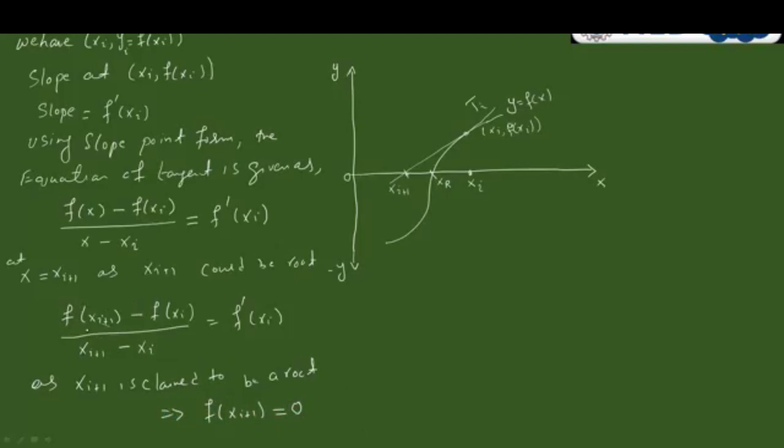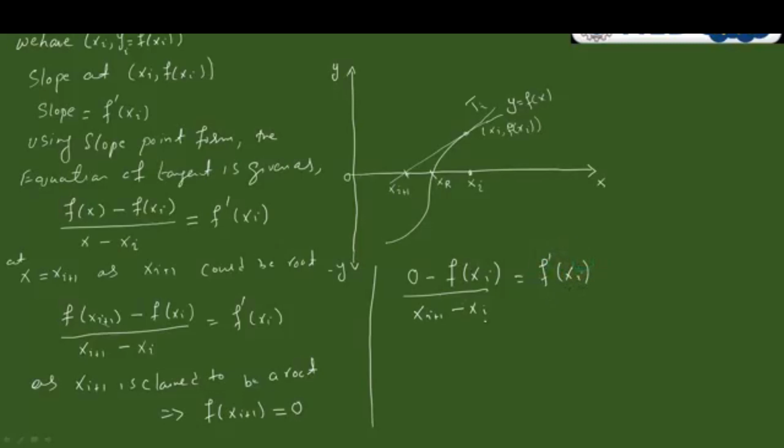It has to be 0. If we have claimed that this is the root, then this thing must be equal to 0. So when we put that value under this condition, this term goes to 0. Whatever is left is 0 minus f of xi divided by xi plus 1 minus xi, equal to the derivative of the given function at xi.